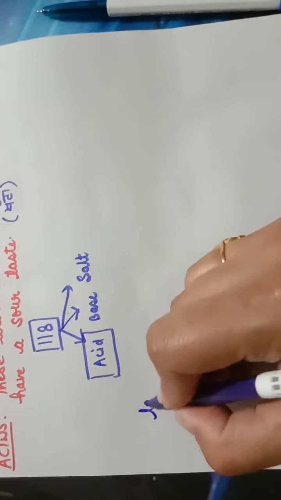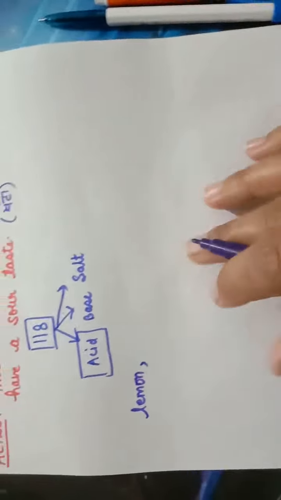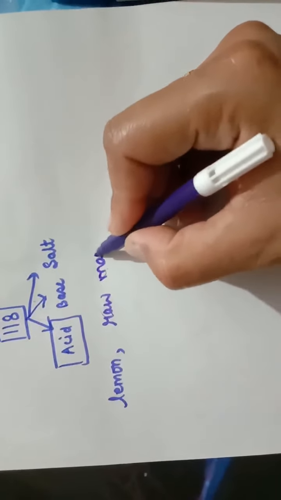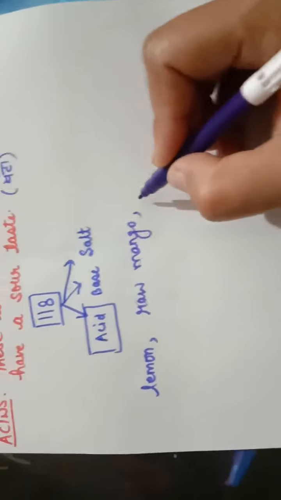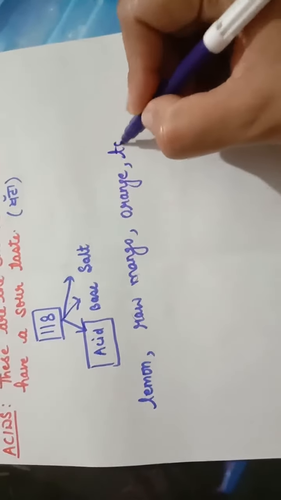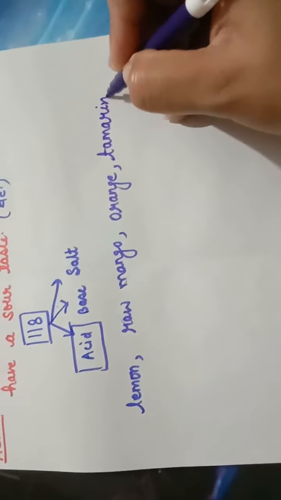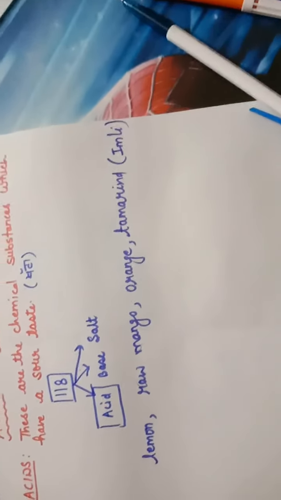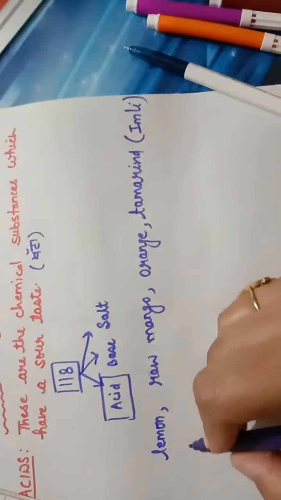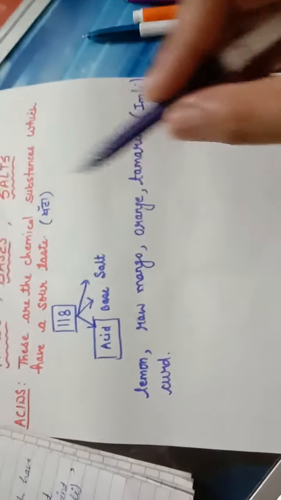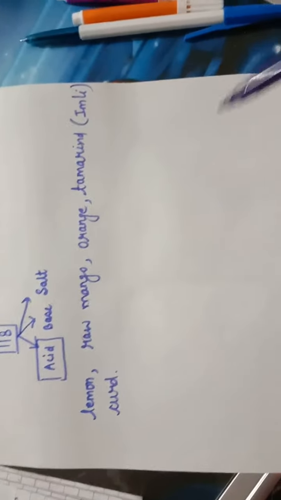For example, lemon, raw mango, orange, tamarind, that is also known as imli in our Punjabi language, and curd. All these things are sour in taste, so they contain acid in them.